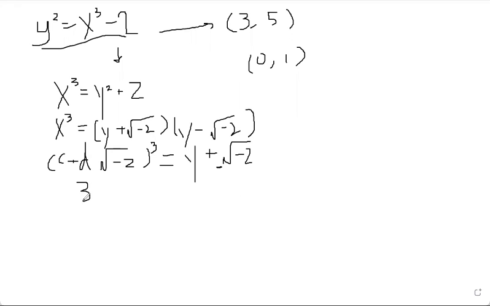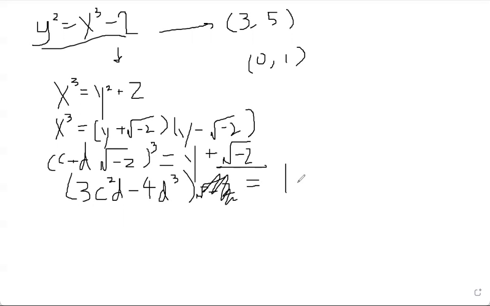That's just going to be 3c squared d minus 4d cubed times root -2, and this is going to equal positive 1. So what do we do now? Oh, sorry, this is the extra part that corresponds to this root -2. So this part equals 1.